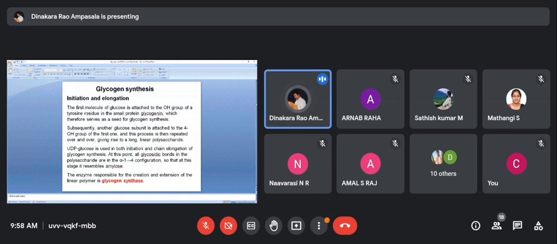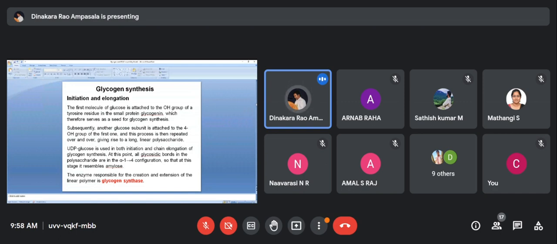A glucose subunit is attached to the 4-hydroxyl group of the first one, and then this repeats over and over, giving rise to a long linear polysaccharide. UDP is cleaved here, and the next UDP glucose comes and interacts with the hydroxyl group of the first glucose molecule.